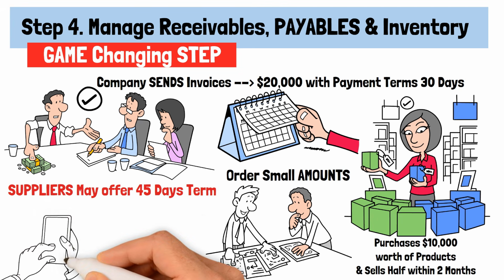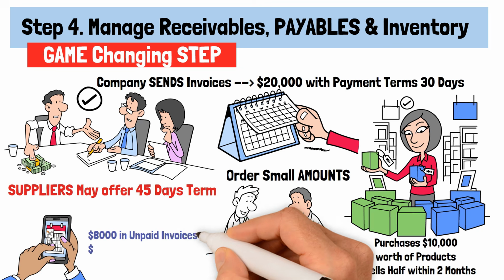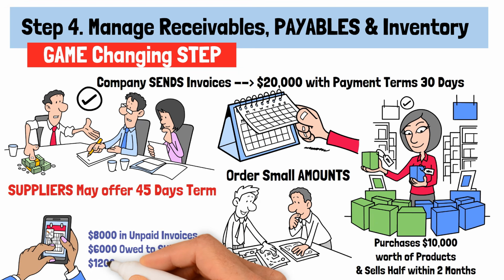Another practical approach is to create a simple schedule for monitoring receivables, payables, and inventory every week. For example, if a business has $8,000 in unpaid invoices, $6,000 owed to suppliers, and $12,000 invested in inventory, reviewing these figures regularly can reveal potential cash issues before they become serious problems.